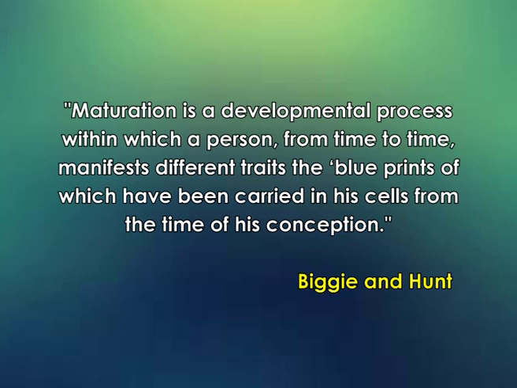or experience. In the words of Beatty and Hunt, maturation is a developmental process within which a person from time to time manifests different traits, the blueprints of which have been carried in his cells from the time of his conception.